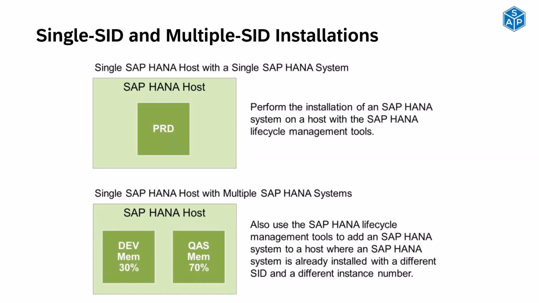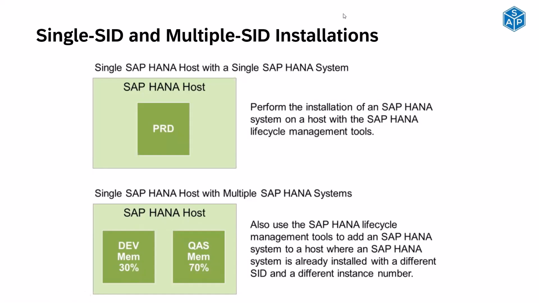Instead of say 32 GB memory, I can create a VM with 64 GB or maybe 128 GB memory, and install multiple HANA instances inside the same VM. That is called a multiple SID installation.